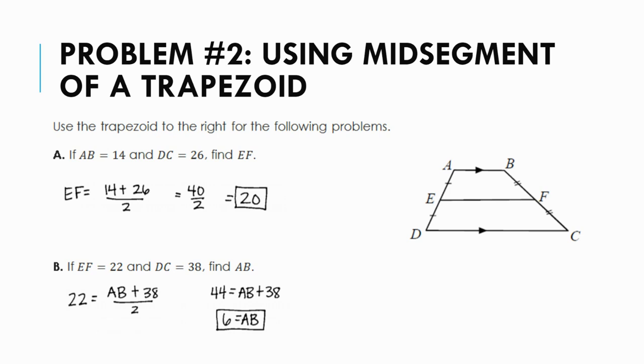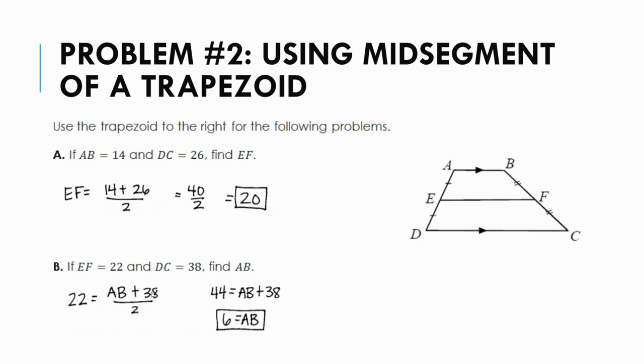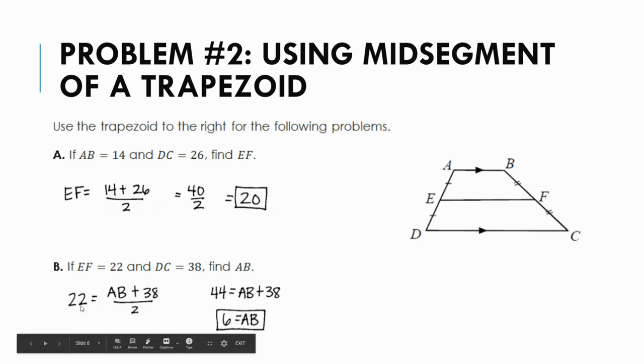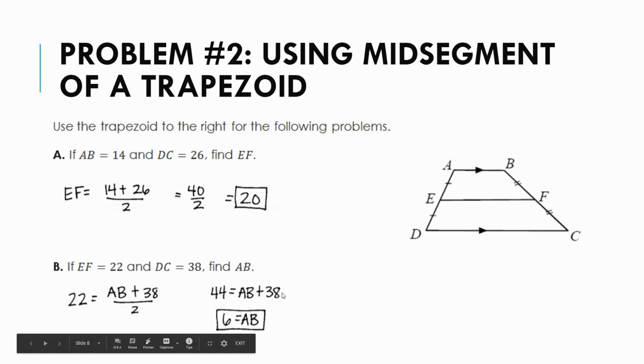Now let's say that I gave you the mid segment and I'm looking for one of these parallel sides. I would just plug it into the formula. I would say that this mid segment, 22, is equal to AB, which I don't know, so I can call that x, plus 38, divided by 2. I would multiply each side by 2, so that would become 44 is equal to AB plus 38, and then I would subtract 38 from each side, and I would get 6.